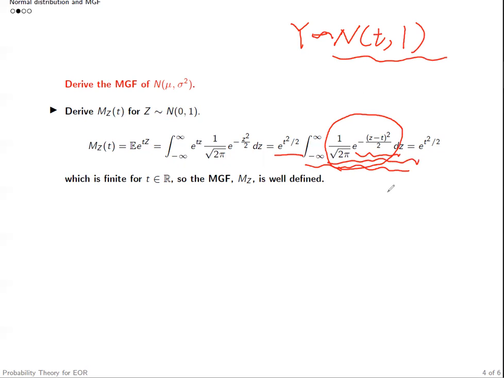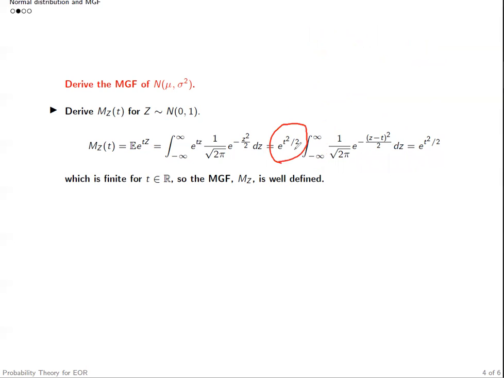You can find that the function inside the Riemann integral is essentially the density function of the random variable Y, which follows a normal distribution with mean t and variance 1. Then what is the value if I integrate this density function from negative infinity to positive infinity? We know the integration should be equal to 1, if we integrate over its whole support. In the end, what's left is just the constant in front.